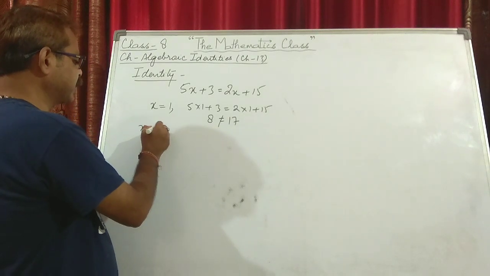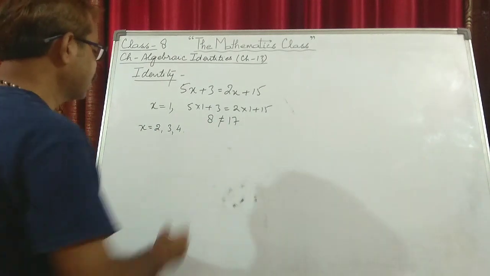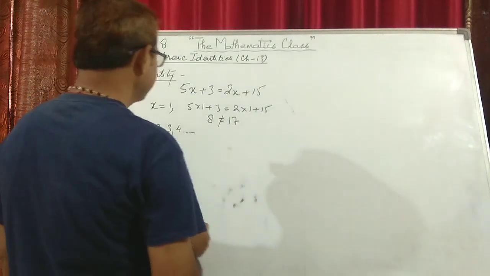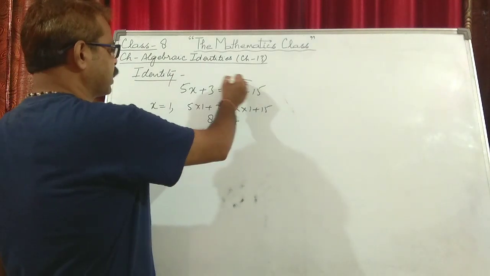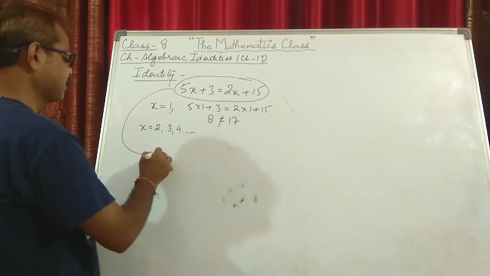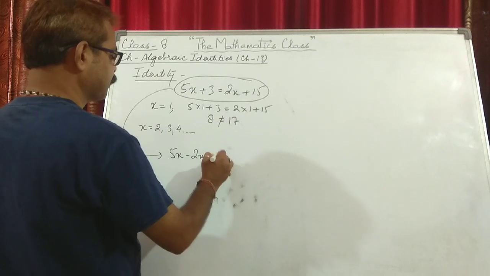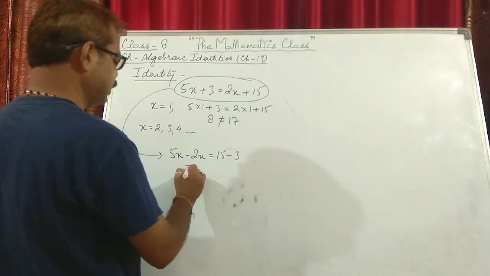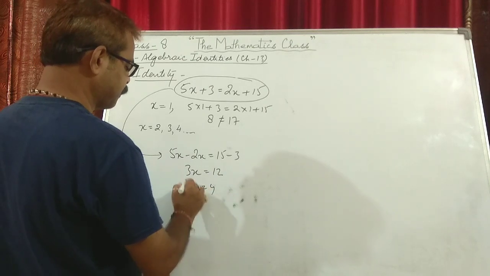Similarly, if we check for x equal to 2, 3 and 4 and so on, it may or may not satisfy. So in order to get the value of x, we can solve this equation itself. That can be written as 5x minus 2x is equal to 15 minus 3. This is 3x is equal to 12. So x is equal to 4.